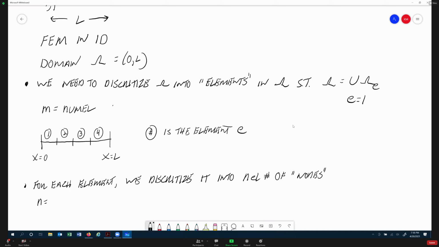NEL is equal to 2, 3, and this is the number of nodes per element.